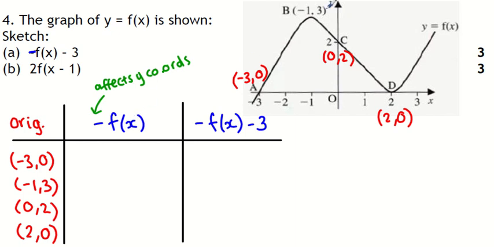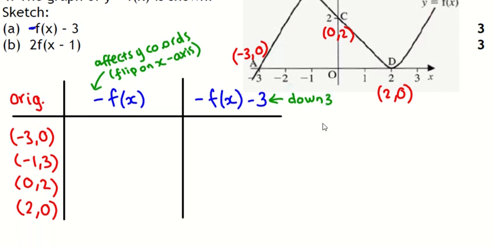So if you think about it affecting your y coordinates, it's a flip on the x-axis. Because what used to be positive would become negative, so it's flipping on the horizontal x-axis. Minus 3 is easy. You shift down 3.